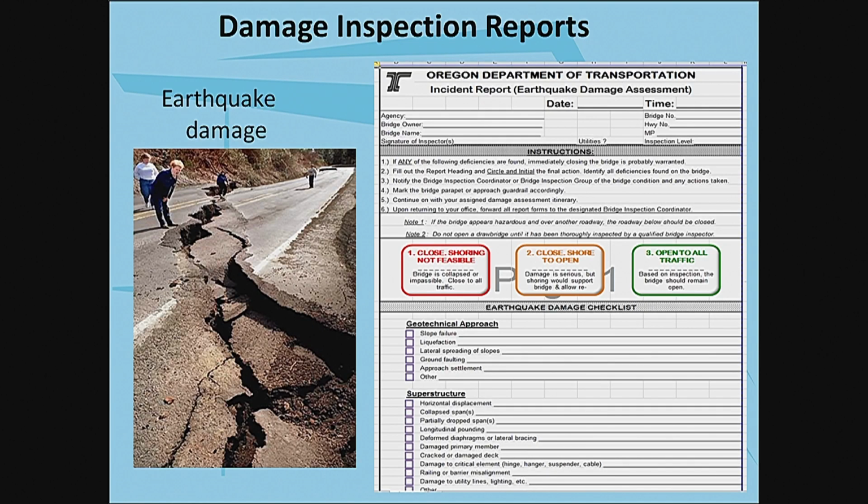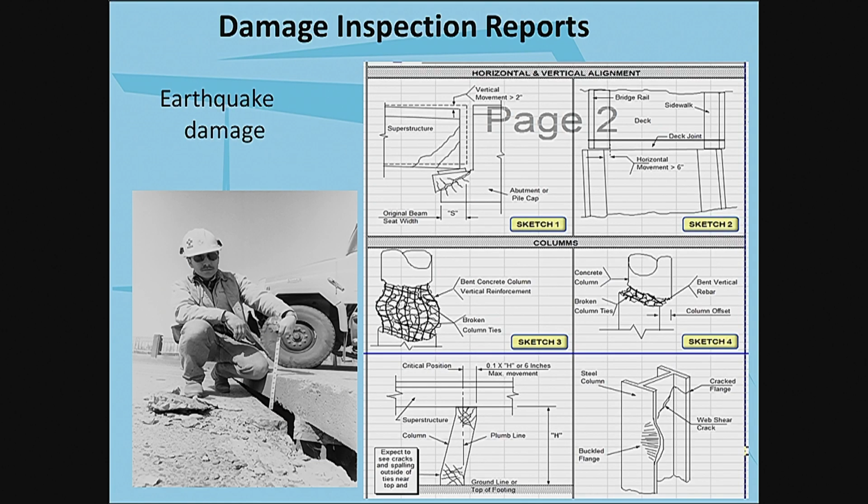When I get to the end of these damage inspection reports, there is a website on our bridge engineering webpage where you can find these. They're all posted. Along with that seismic report, we included sketches, which you may find out there after a seismic event. Photos would certainly be better, but I think these do mirror what will actually happen during a seismic event.